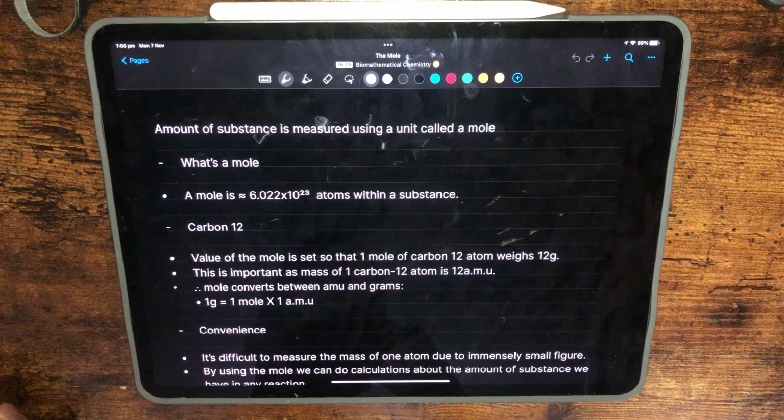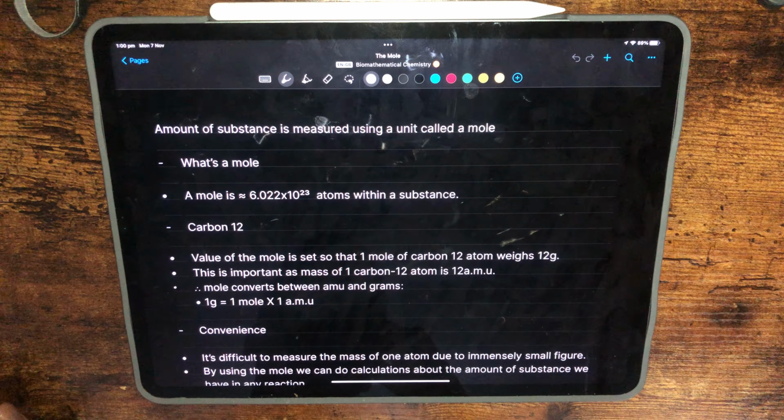So the mass is equal to the moles times the Mr. And this is how we generated that equation.